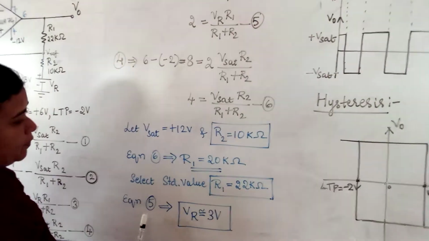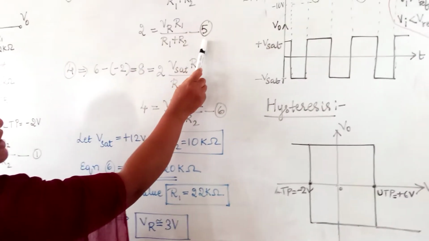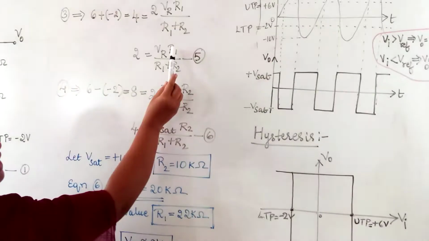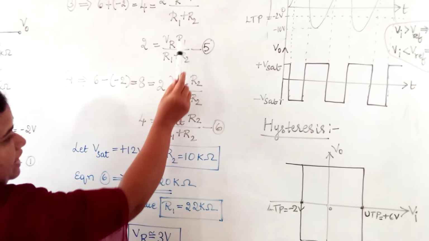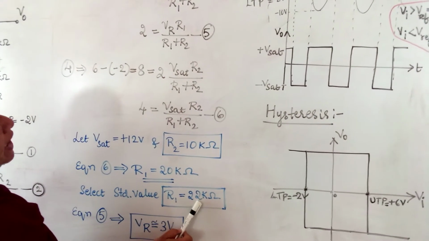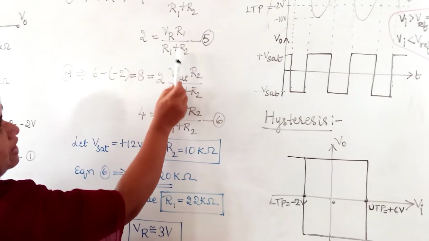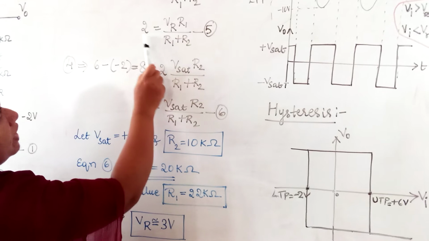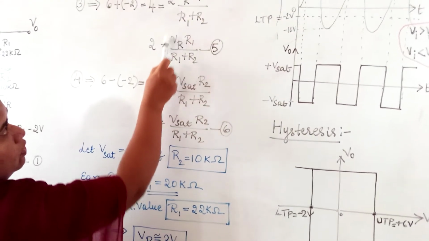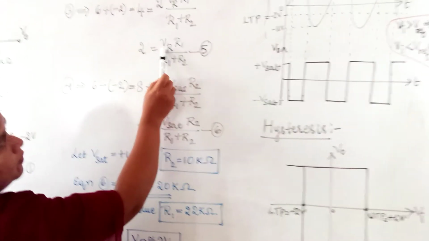Now from equation 5, we know the values of R1 and R2. That is R1 is 22k and R2 we have assumed 10k. So substitute the values of R1 and R2. This side we have 2, so we can determine the value of VR.